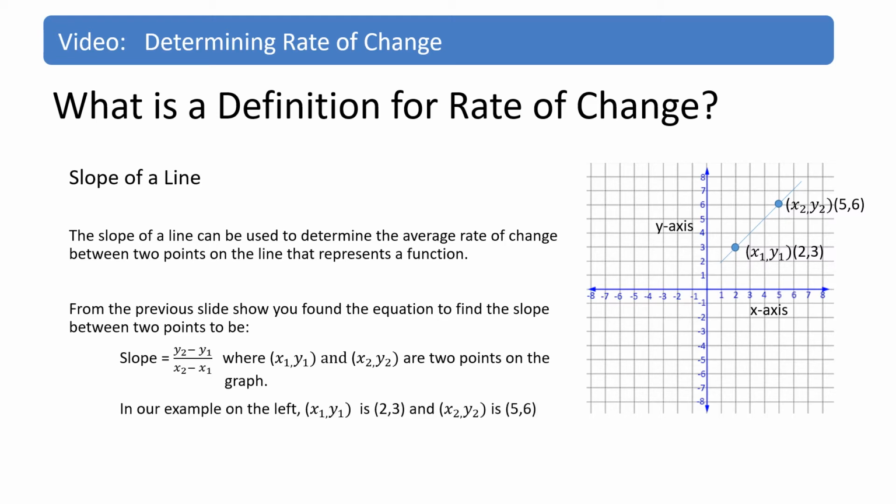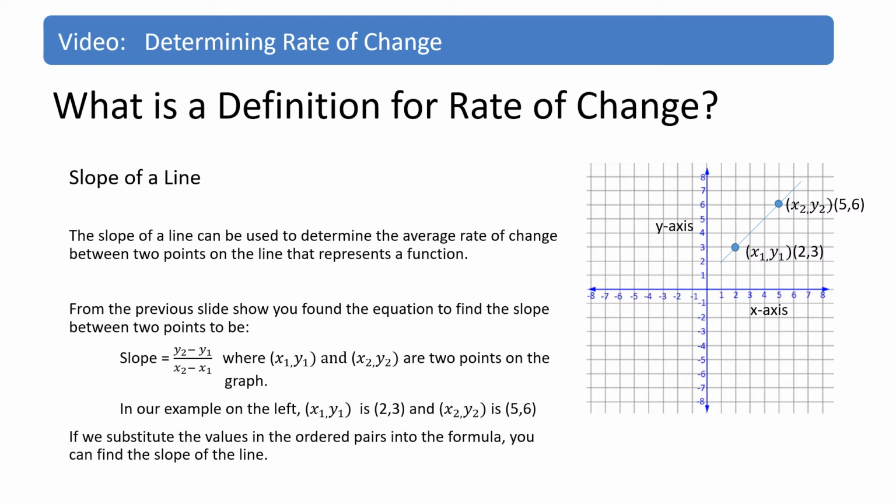So in our example, x1, y1, as we said, is 2, 3, and x2, y2 is 5, 6. If we substitute the values into the formula, you can find the slope of the line.